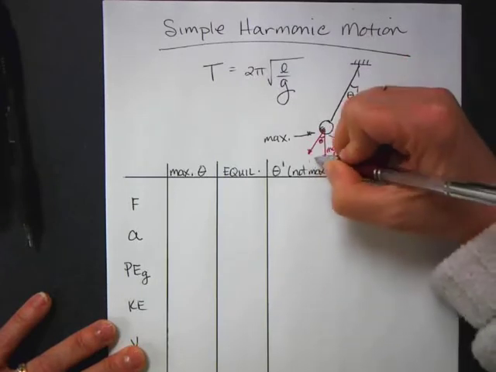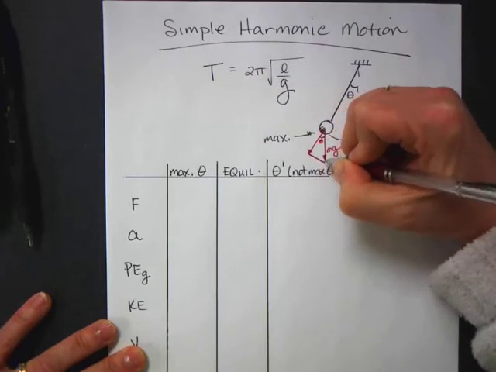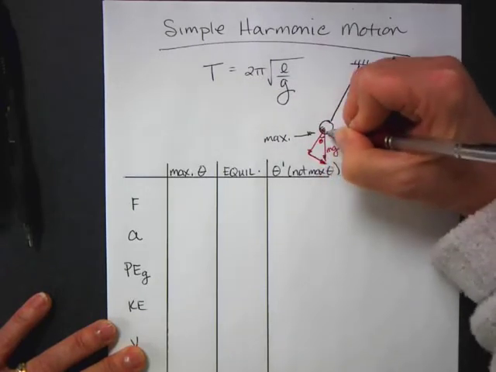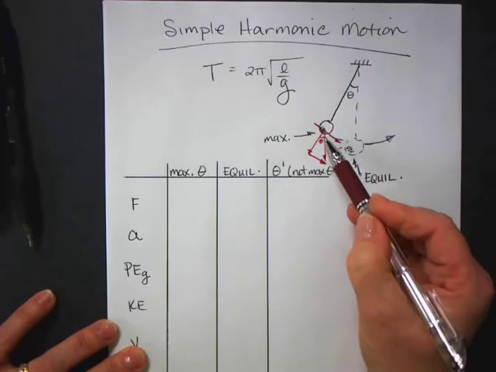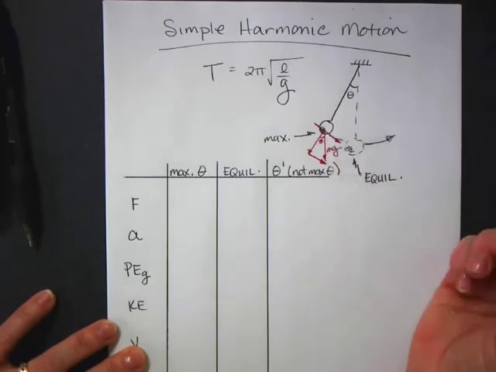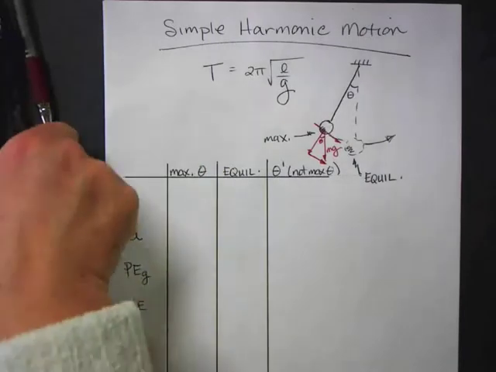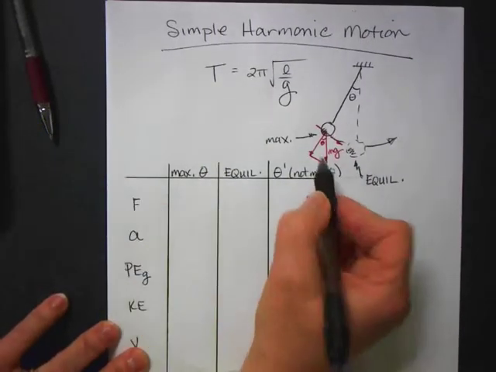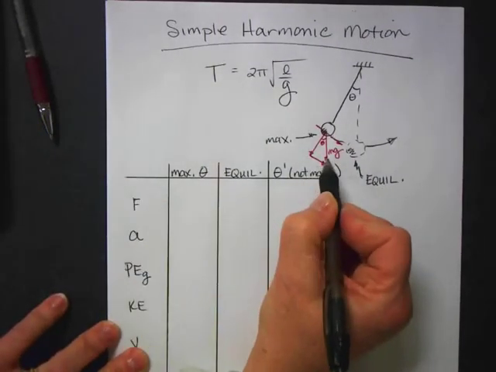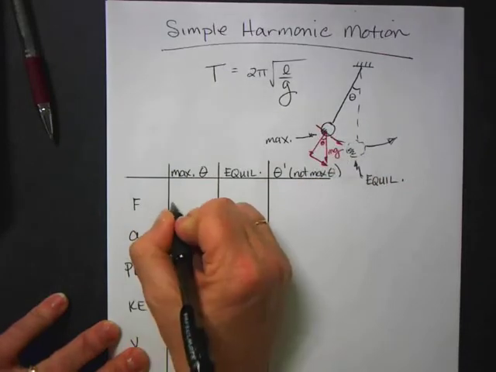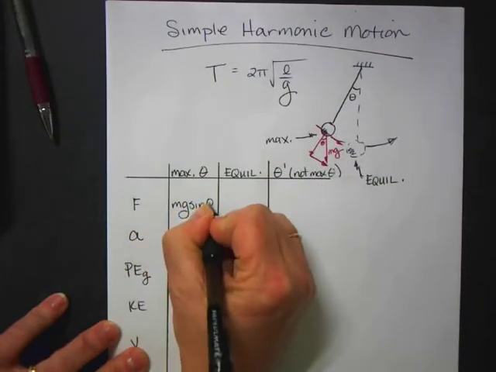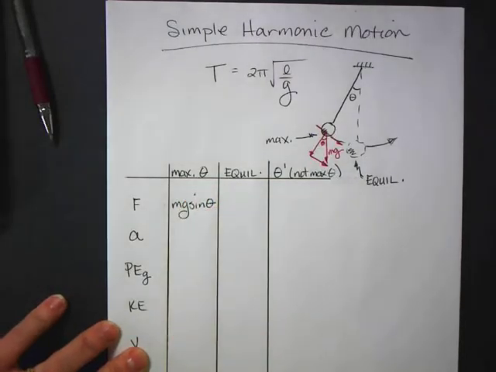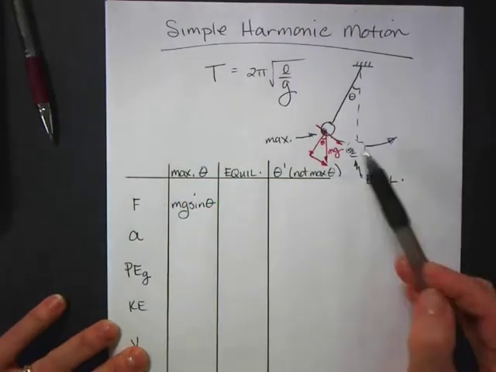Theta gets transferred down here. And the other component, the one that we care about, is the one that's tangent to the circle. Since that's opposite the angle theta, the component that pulls tangent to the circle is mg times the sine of theta. That'll give you the force.